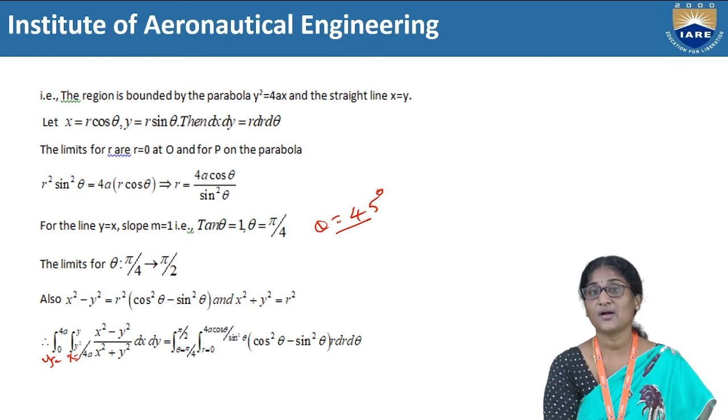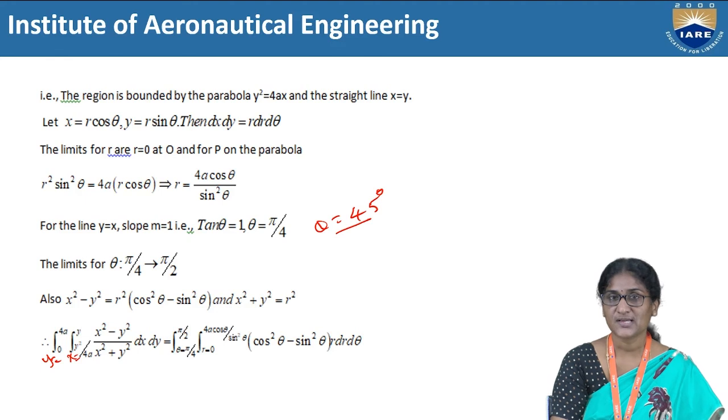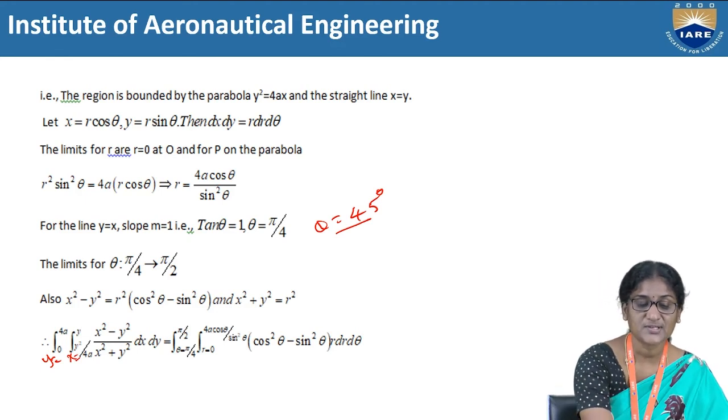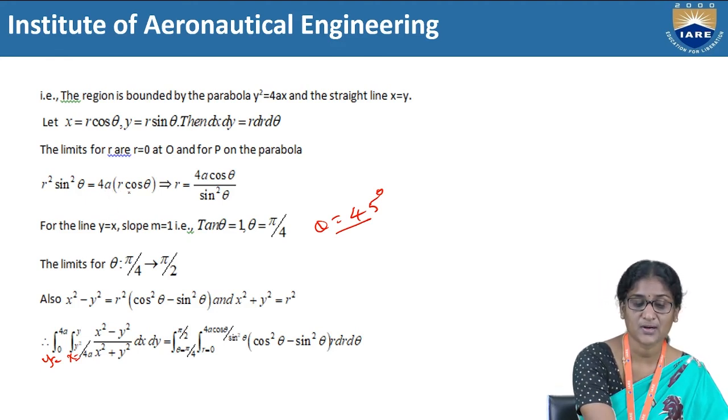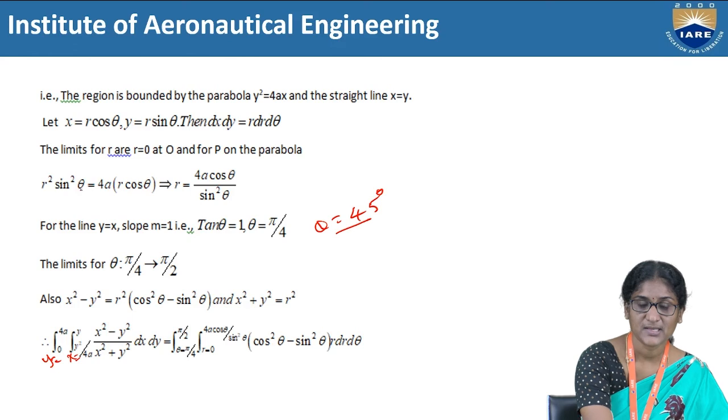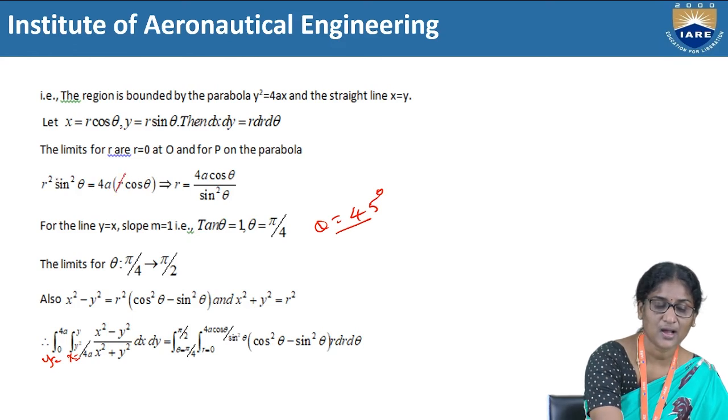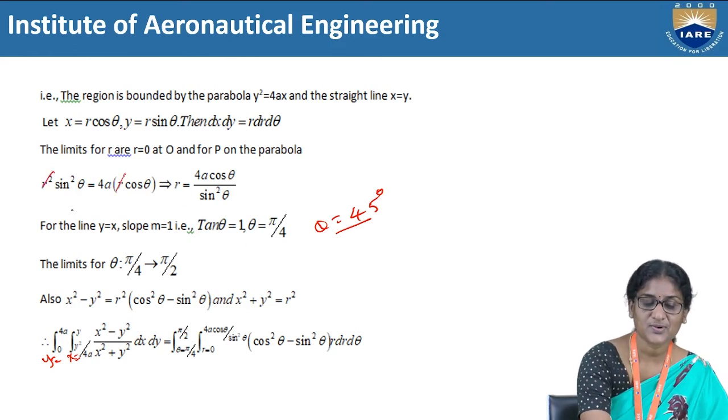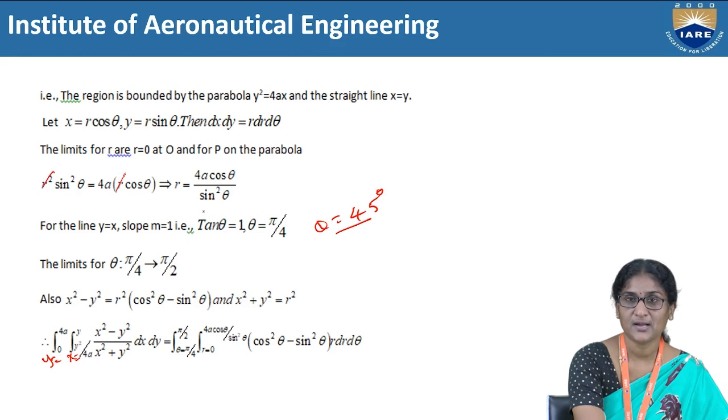How did I get this 4a cos theta by sine square theta? Because r square sine square theta is equal to 4a into r cos theta. So you cancel one r, bring sine square to the other side, and r is equal to 4a cos theta by sine square theta.